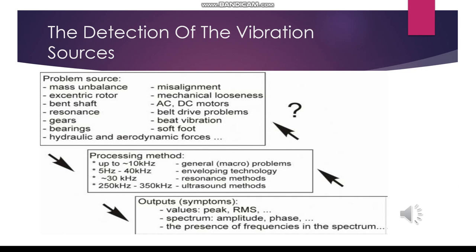For 5 Hz to 40 Hz it shows enveloping technology and resonance method, and lastly 250 kHz to 350 kHz is for ultrasound methods. The output, which is the system, shows the value, the peak and RMS, the spectrum which is amplitude and phase, and lastly the presence of frequencies in the spectrum.